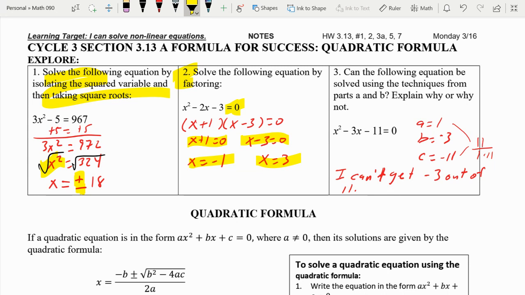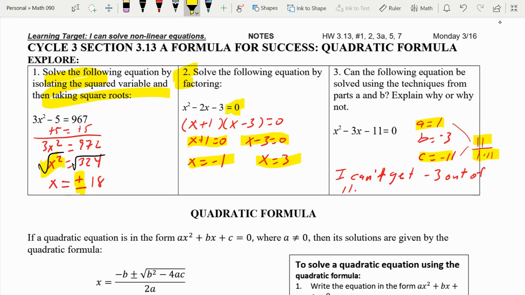When you get to number 3, in this case, you try to factor it. When you factor, you multiply a times c, and like I've said before, I'm not worried about the negative, just a times c. So we end up with 11, and the factors of 11 are 1 and 11.